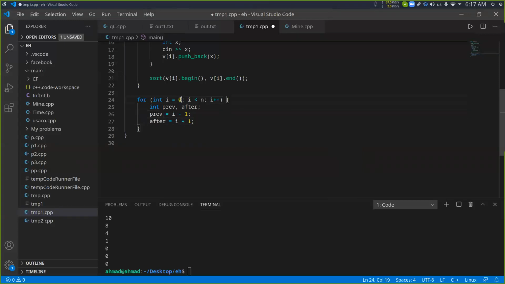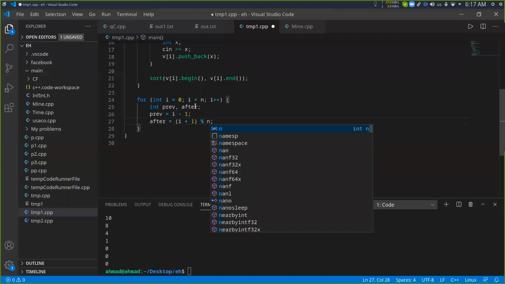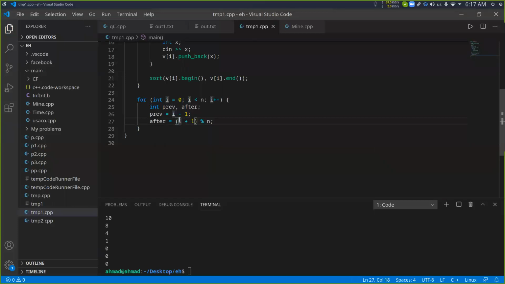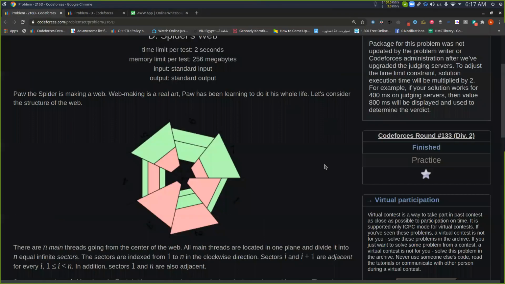But if i equals 0, then i minus 1 would be negative 1. And if i equals n minus 1, then i plus 1 will be n, which is out of bounds. So to solve this problem, for after, we'll mod i plus 1 with n. Because if it reaches n, then n mod n will be 0, so it will turn again to 0. Because n is beside 0, so 7 is beside 1.